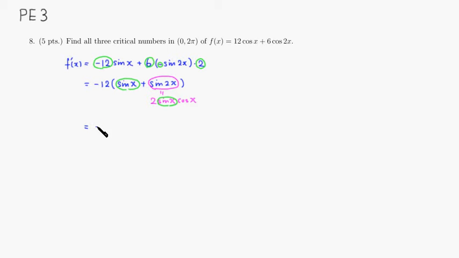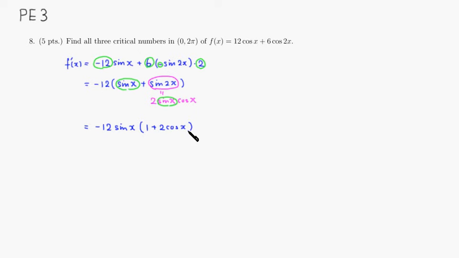You have negative 12 sine of x pulled out, and what's left is 1 from the first term, plus 2 cosine of x left over from the second.